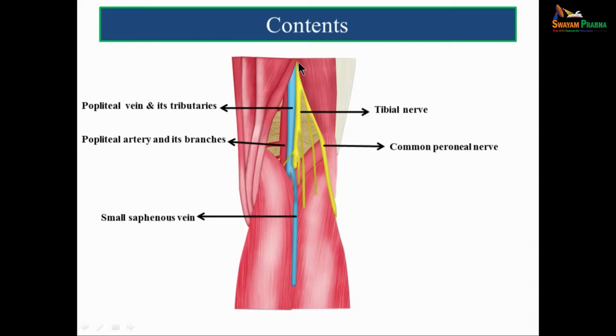At the superior angle of the popliteal fossa, it divides into its terminal branches, that is the tibial nerve and the common peroneal nerve. Then we have a vein, that is the popliteal vein and the tributaries of the popliteal vein. Then the small saphenous vein, which is opening into the popliteal vein. Then the popliteal artery and its branches. So these are the different contents of the popliteal fossa.